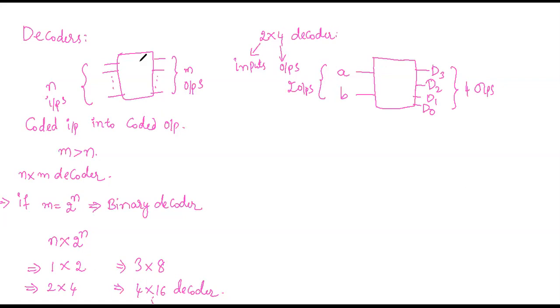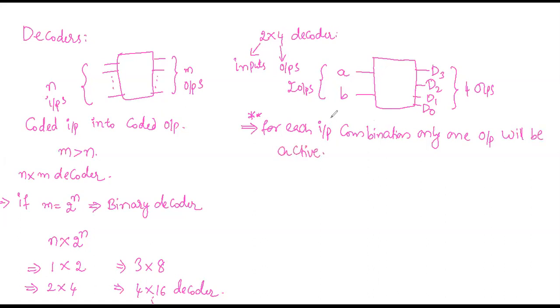The decoder converts coded input into coded output, and the main functionality is that for each input combination only one output will be active.